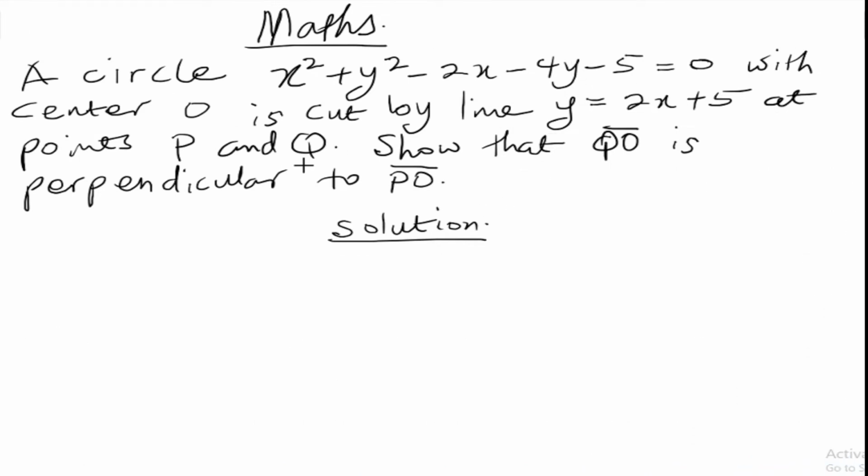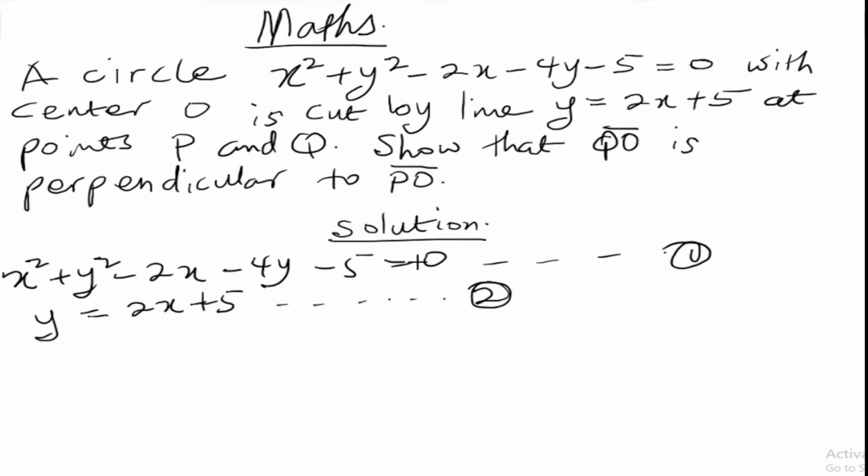Now, to show that the line y equals 2x plus 5 cuts the circle x squared plus y squared minus 2x minus 4y minus 5 equals 0, we have to use the idea of intersection of lines. The idea of intersection of lines requires that we solve these two equations simultaneously to get the points where they meet.